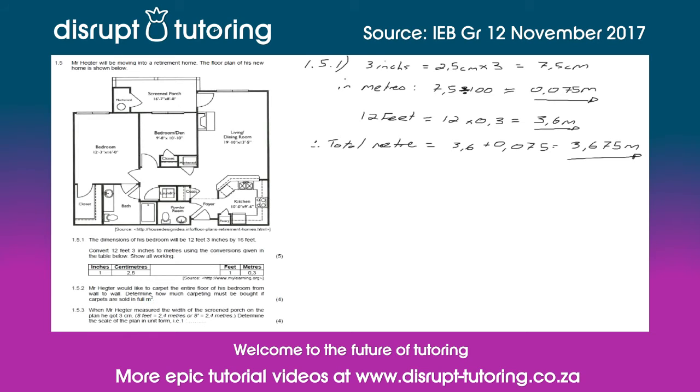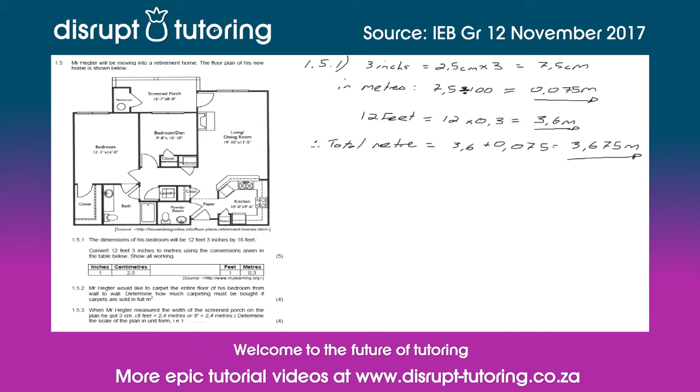We know that the 12 feet 3 inches is 3,675 meters. So now we need to just convert the 16 feet that we're missing.